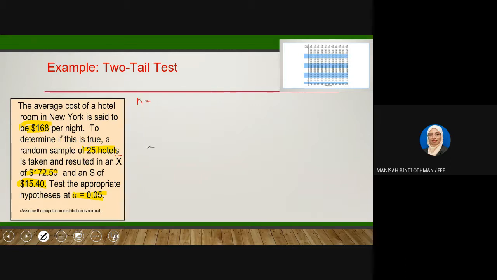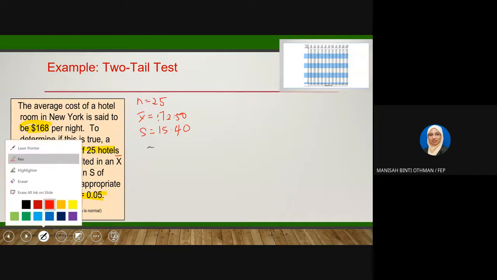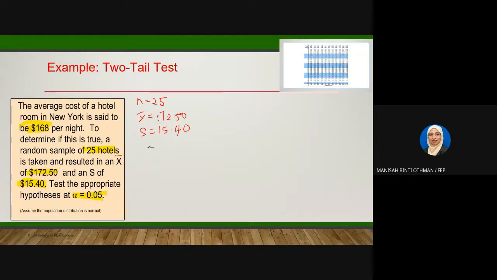So n is 25, X bar is 172.5, s is 15.4, and 168 is mu, the population mean, because it says all the hotels.